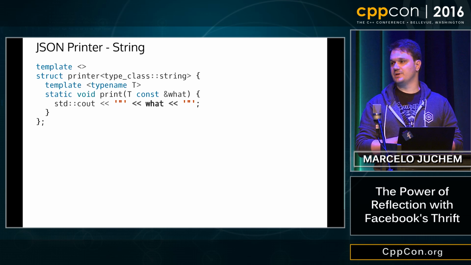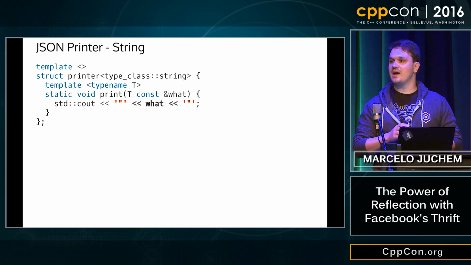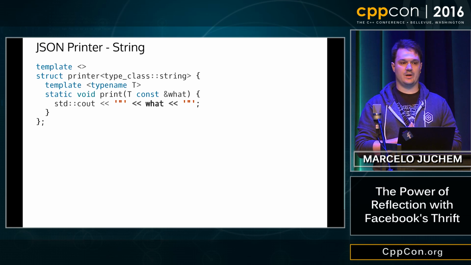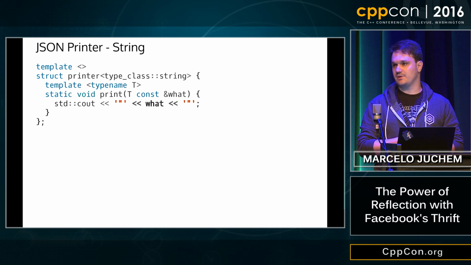Proper implementation of this would escape the string because we might have double quotes in the string itself. But for the sake of simplicity, we're just not going to do it and assume there would be no invalid strings. You could simply write an escape function here and say escape what, and it would just work, but let's leave it at that.